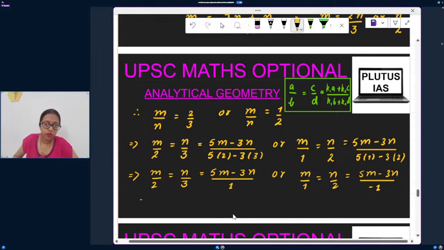So I have m by 2 is equal to n by 3 is equal to l by 1, or m by 1 is equal to n by 2 is equal to l by minus 1.